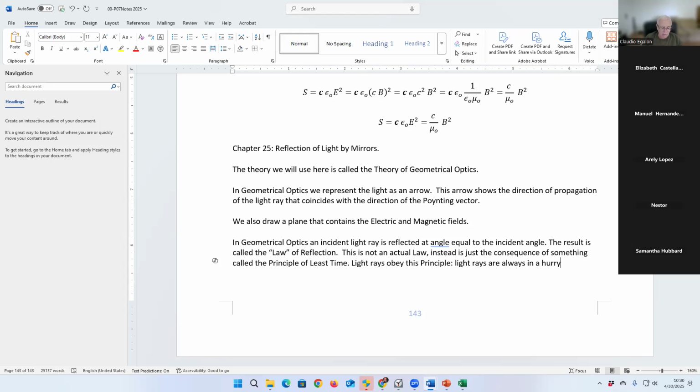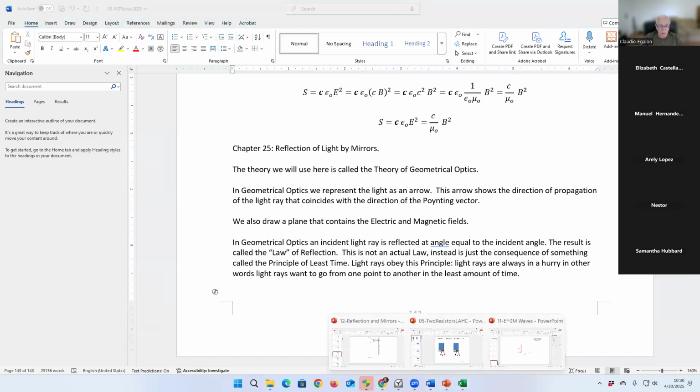That's what it means. In other words, light rays want to go from one point to another in the least amount of time. That's what the principle of least time is all about.